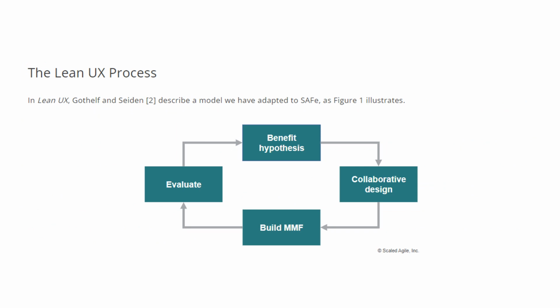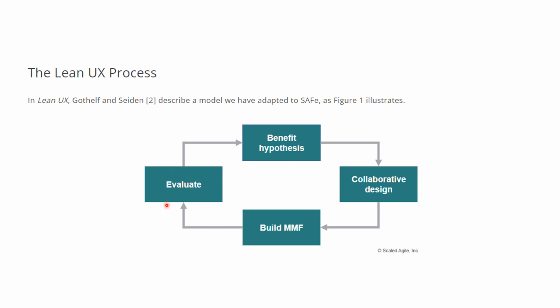What we're saying now is the lean UX process. There is a book called Lean UX. The authors of that book, Gothelf and Seiden, describe a model that has been adopted in SAFe as well. The model explained by the Lean UX book is you start with a benefit hypothesis, do a collaborative design, and build an MMF, which is minimum marketable feature, or you can call that an MVP, minimum viable product.